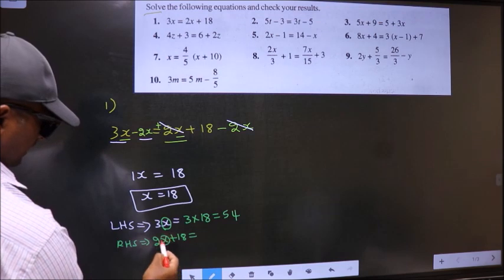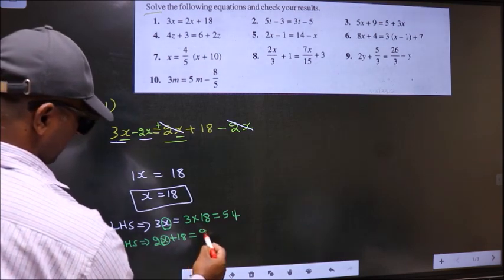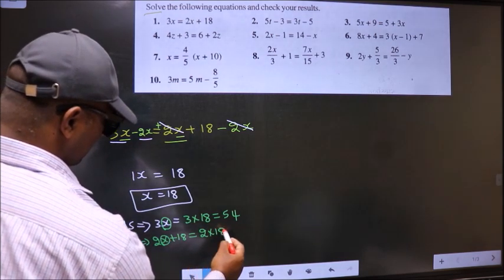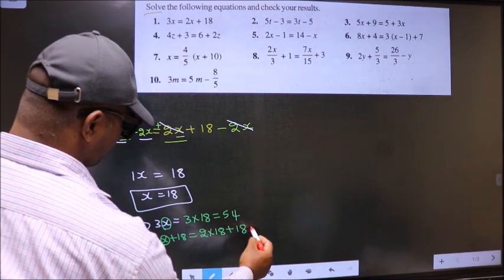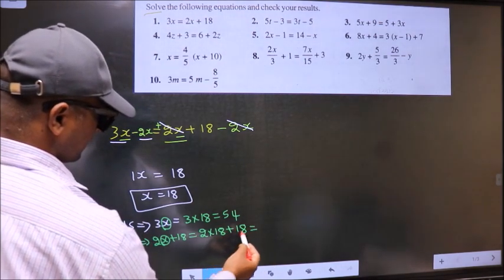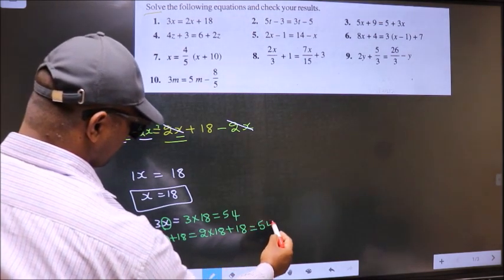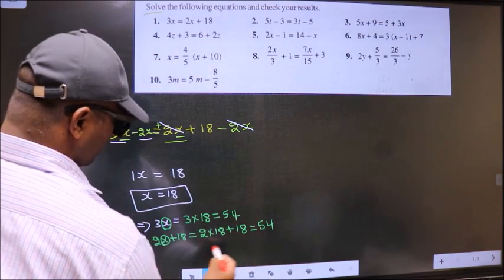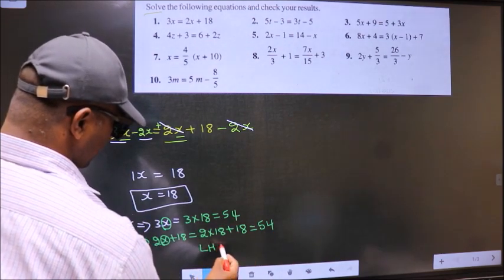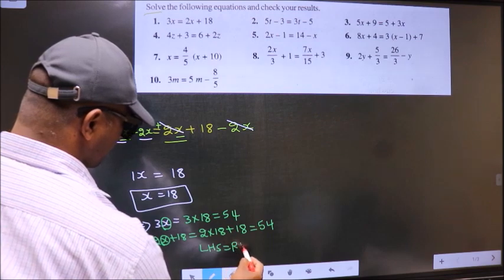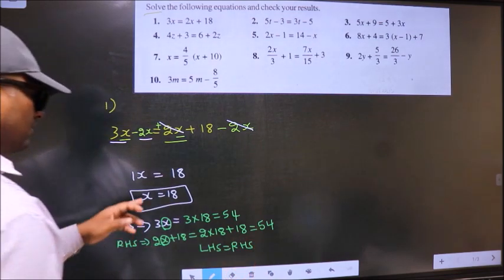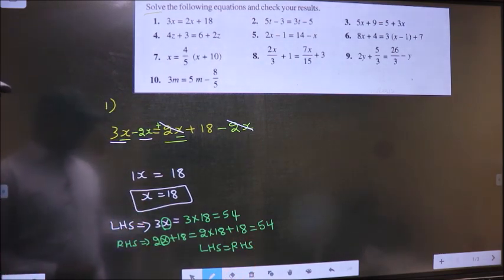In place of x you put 18. So 2 into 18 plus 18. 2 into 18 is 36 plus 18 is 54. We got both 54, that is LHS equal to RHS. So our answer is correct.